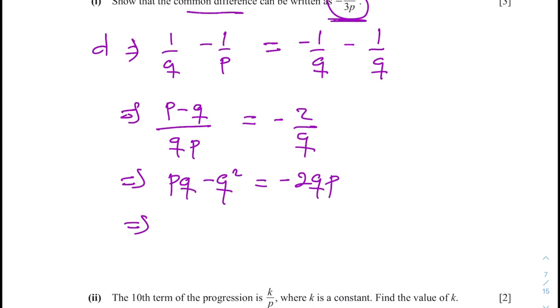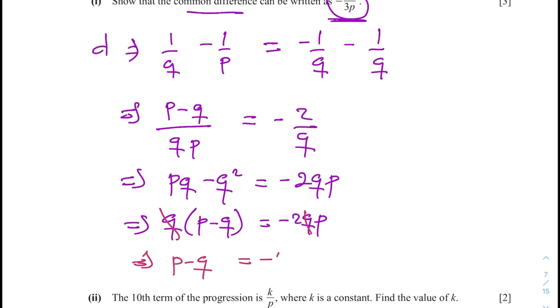Then what if I factor out Q, because it happens that Q runs through. So I have Q out, I have P minus Q is equal to negative this, so that this Q cancels that, and I'm left with P minus Q is equal to negative 2P. All right, I think we are getting what we want.